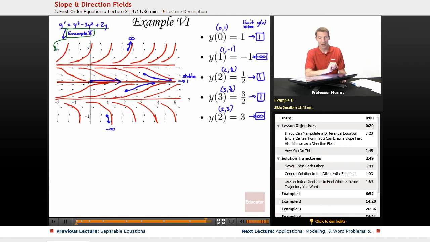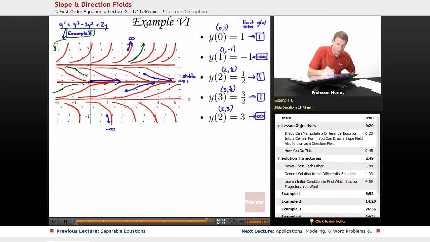What we did with this example in example 6 was we colored in some solution trajectories. That's what I did in red here, and I did that just by following, let me do a couple more in green, the arrows wherever I saw them. So I'm trying to keep my solutions always tangent to the arrows. And I'm also remembering that these solution trajectories never cross each other.